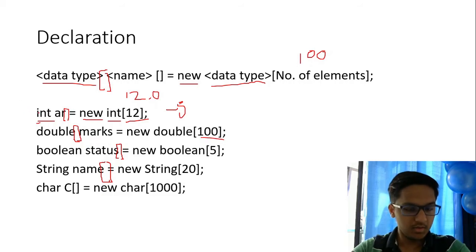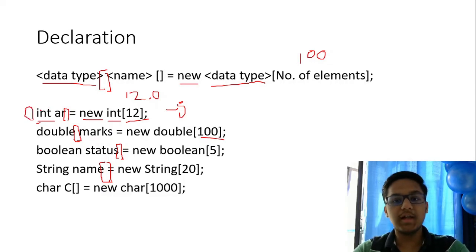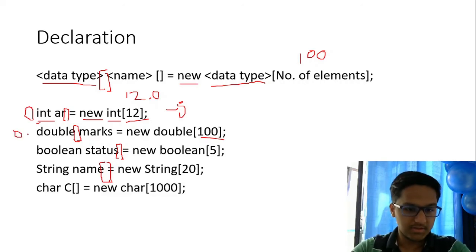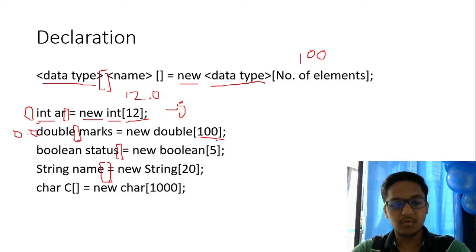In this case, all the 12 variables inside AR will have the value 0, because we haven't initialized those variables inside that array. They'll have the default value, which is 0. For double, it'll be 0.0. So all of these 100 elements will have the default value 0.0. Boolean will have the value false.